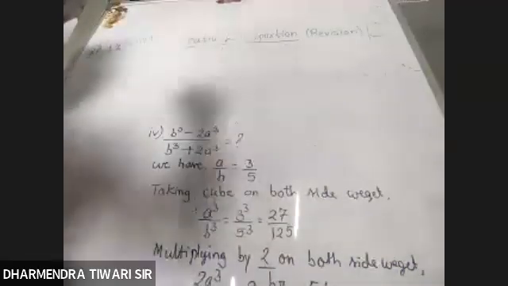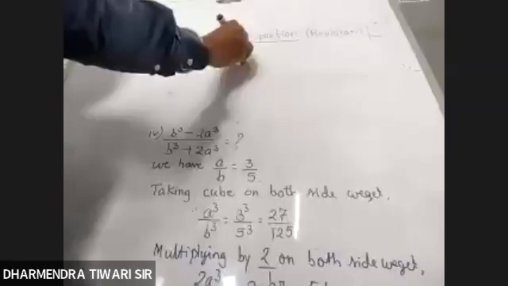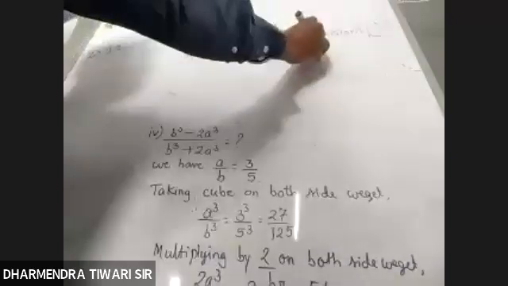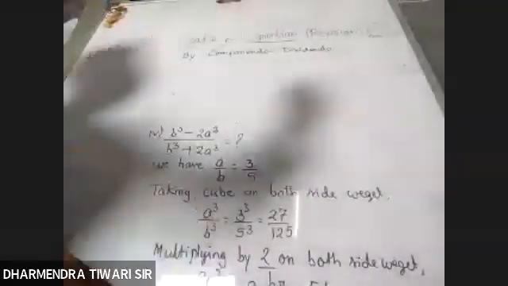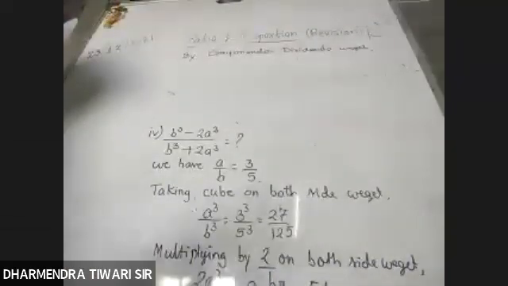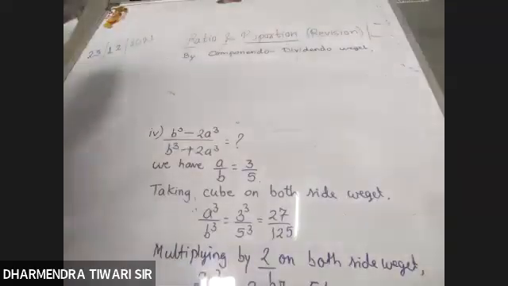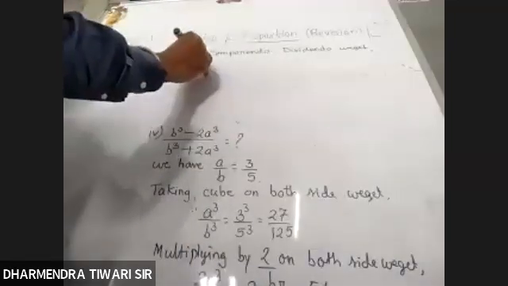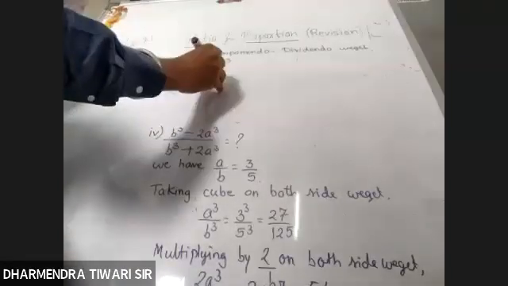So therefore, by componendo dividendo we get 2a cube plus b cube upon 2a cube minus b cube.